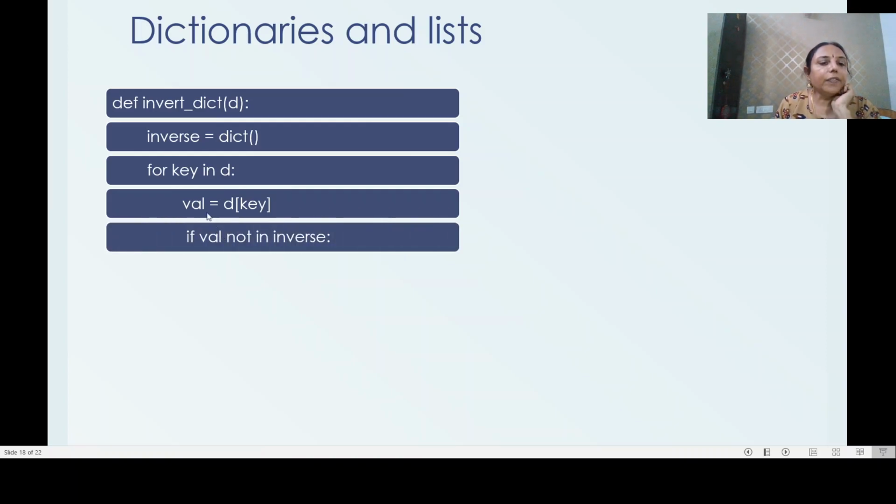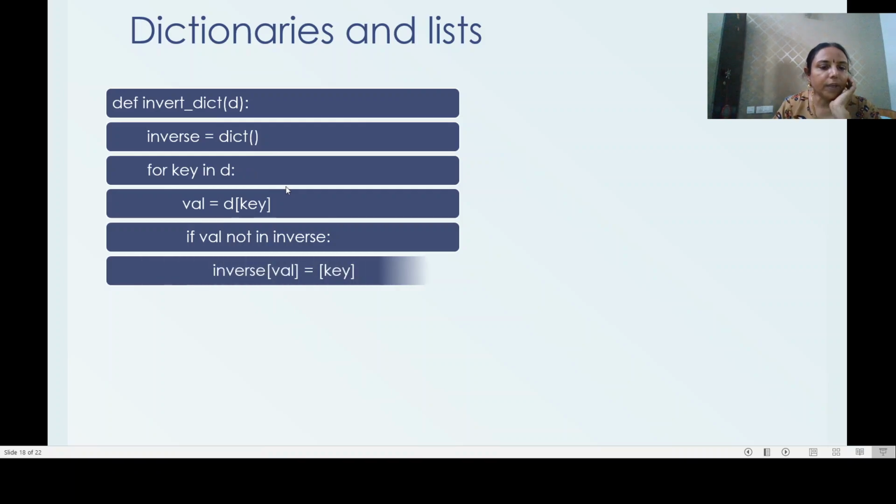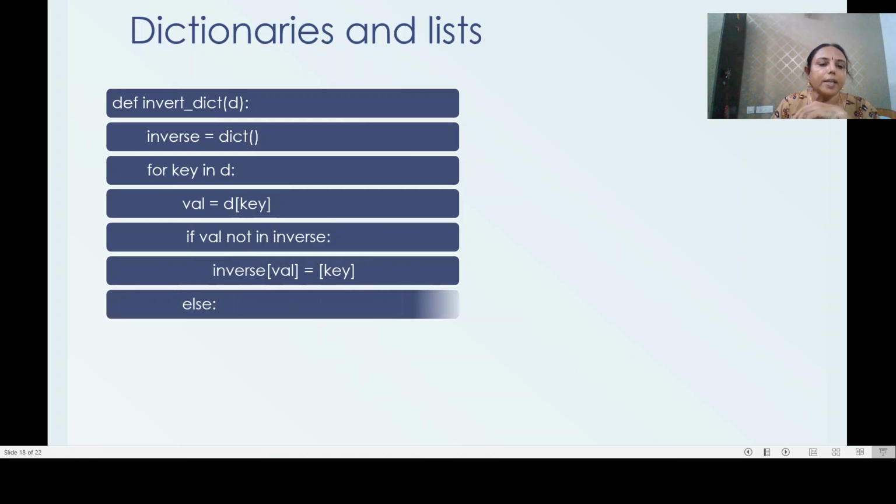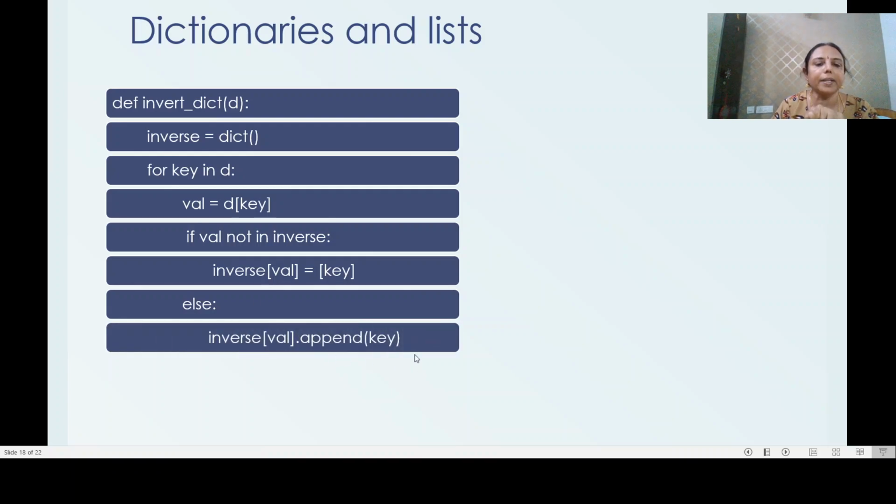If this value is not in inverse, then you have to add that value in this inverse dictionary, with the corresponding characters. Else, if that value is already present, you use append to add the key to the list of characters.